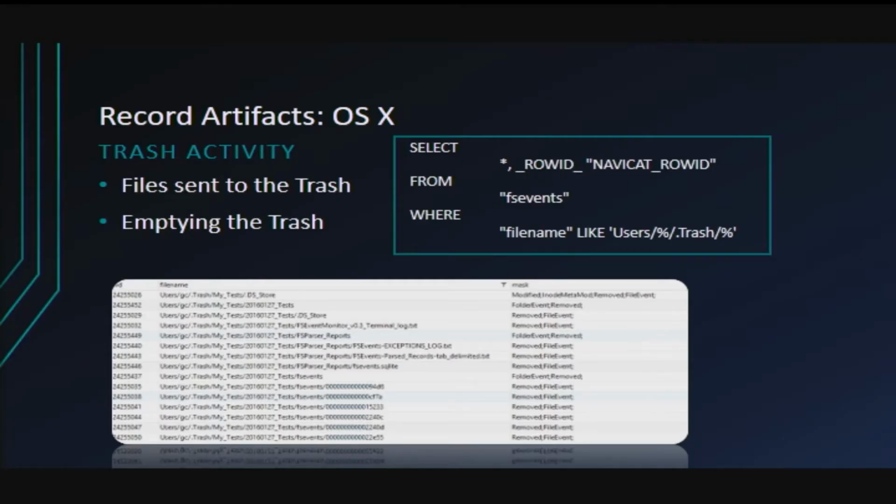Let's start with trash activity. Within FSEvents, the Python-based tool will output the data to an SQLite database, so you can run queries. To the right, I have a basic query of how to look for items related to the trash. You can see files that were sent to the trash and the emptying of the trash.